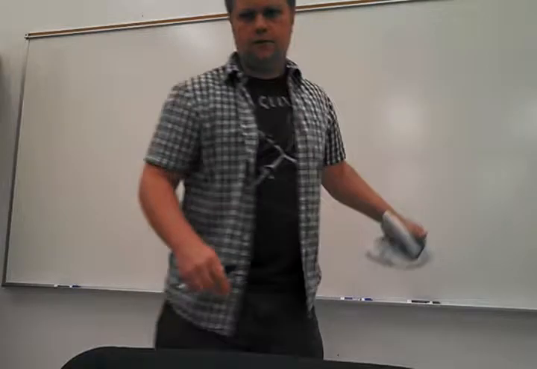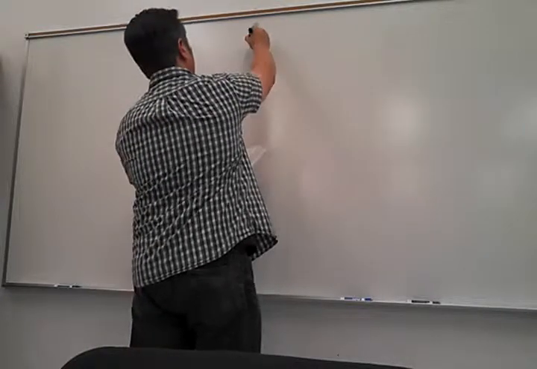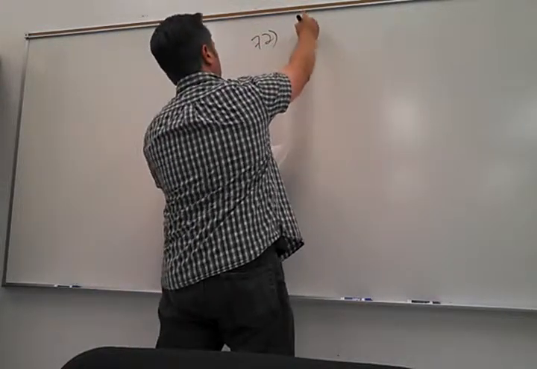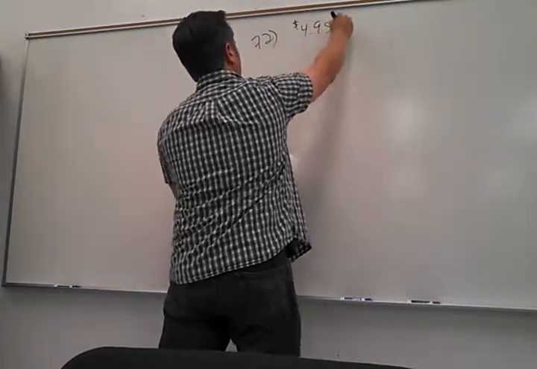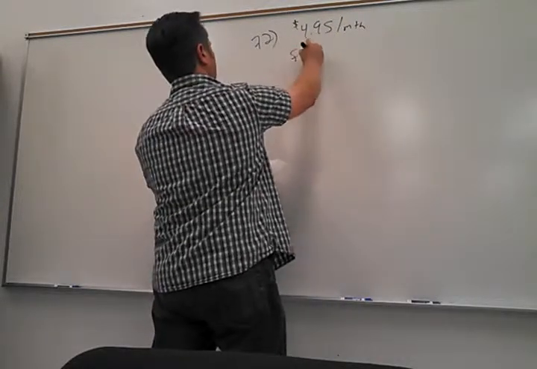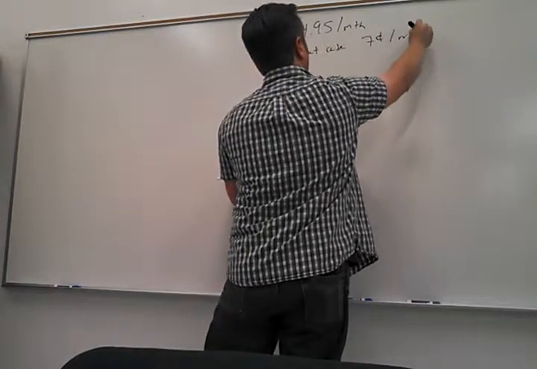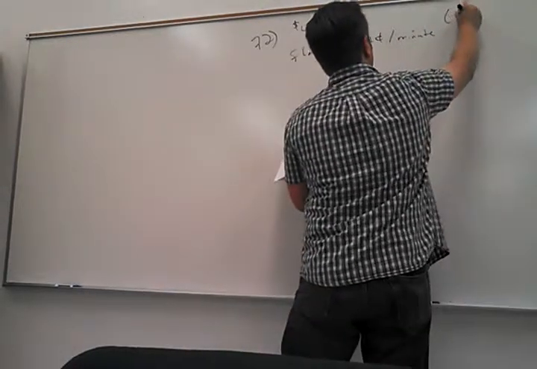All right, let's see. So Brandon pays $4.95 a month. For those of you without the white book, Brandon pays $4.95 a month for phone service, and they give a flat rate of 7 cents a minute. This is for international calls.